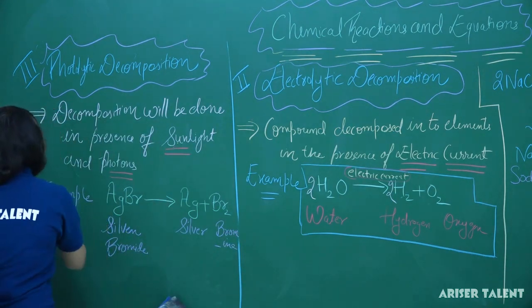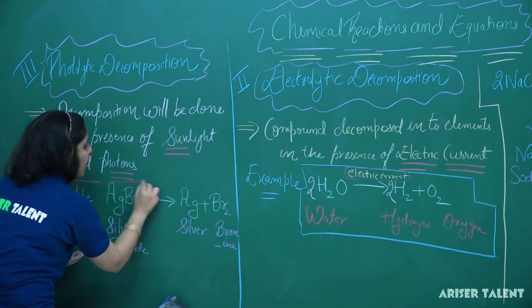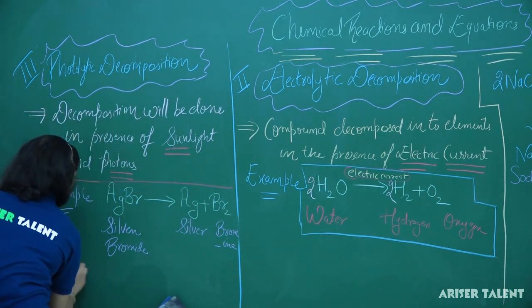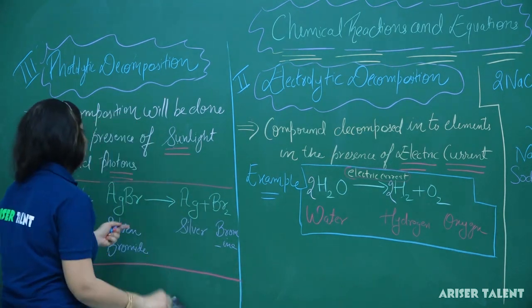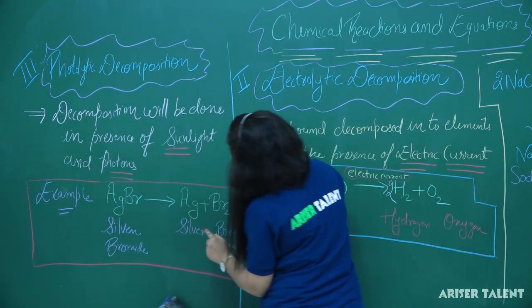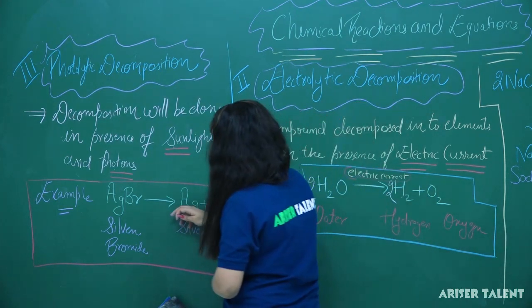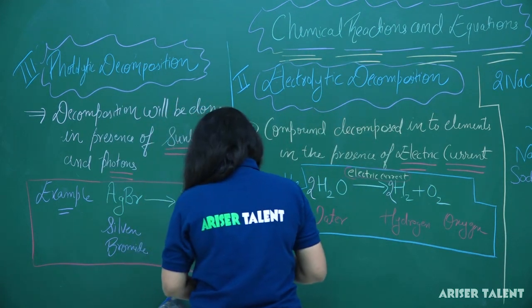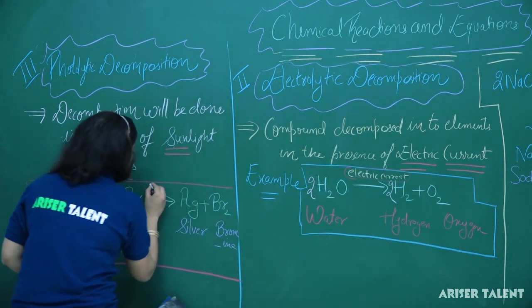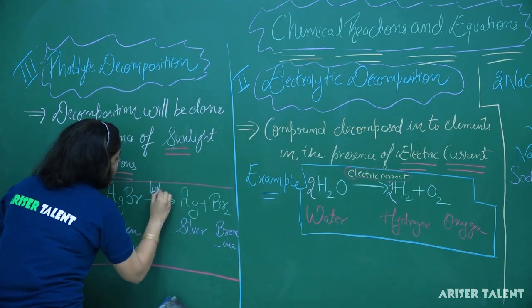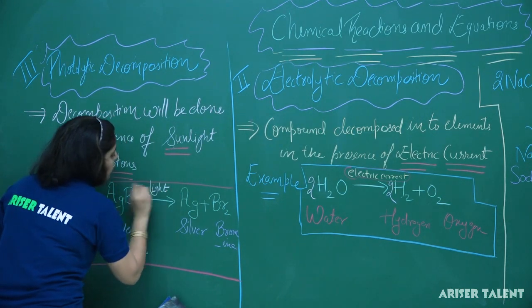So this is a general equation representation for the photolytic dissociation. This dissociation will be done only in the presence of light. So we may call it photolytic dissociation because here light is used. So on the arrow we can write light.